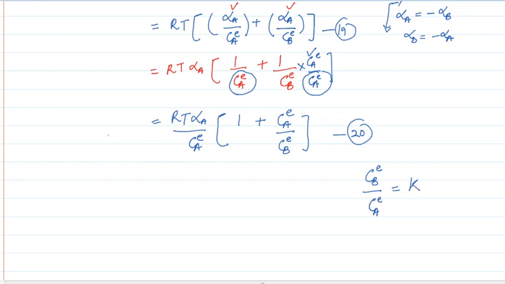So we can write this affinity as RT alpha A upon CA equilibrium into 1 plus 1 upon the equilibrium constant, capital K. So this is now equation 20.